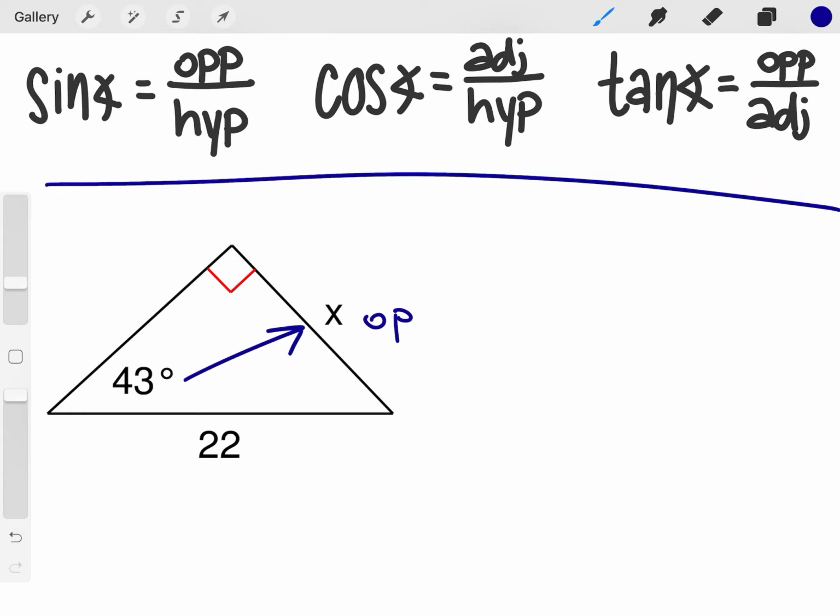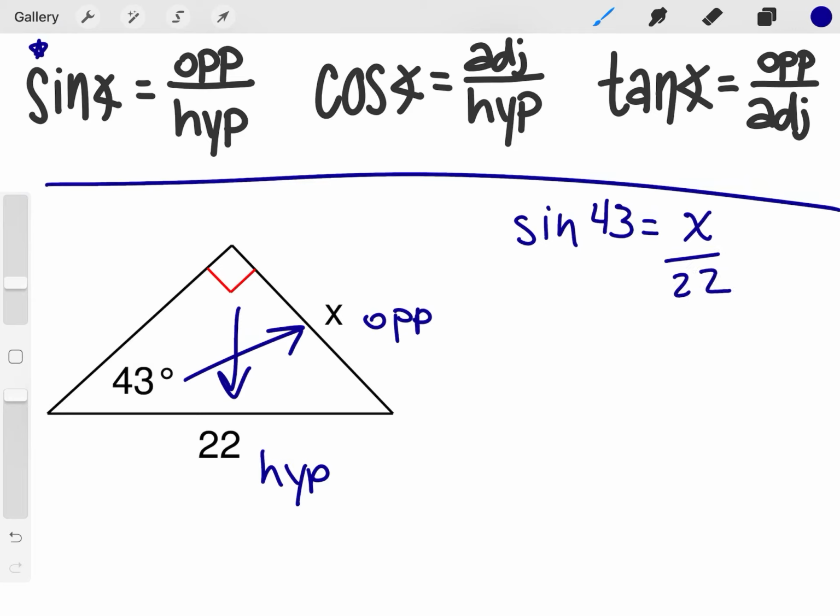All right. X is the opposite side. 22 is the hypotenuse, making it a sine function. Sine of 43 equals x over 22.